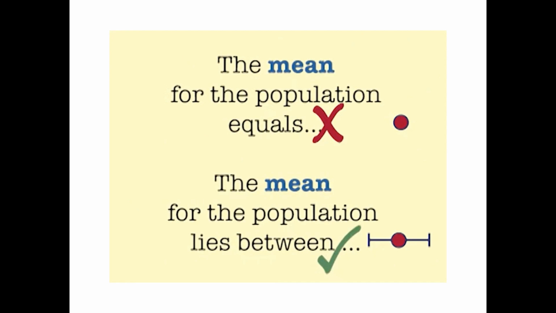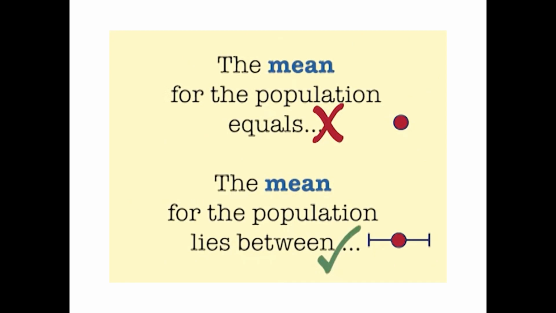So now if you were to take a sample, say a sample of 10 or a sample of 20, and weigh it, it's most likely that the mean of that sample is going to lie in the range that you have given. So this is the concept of confidence intervals.